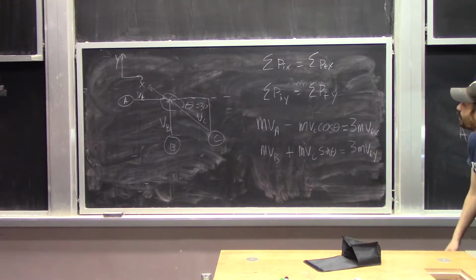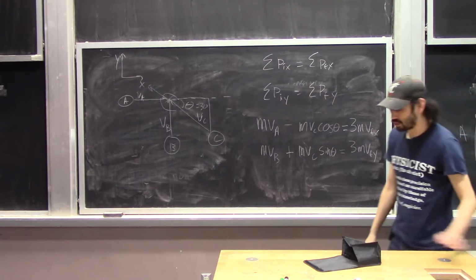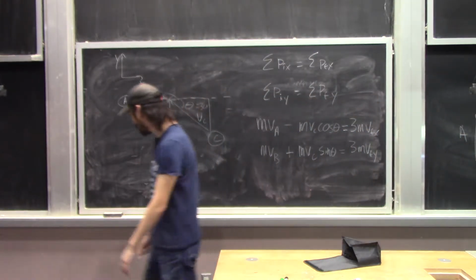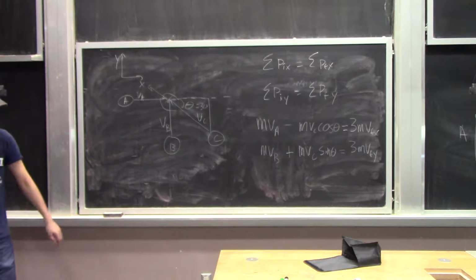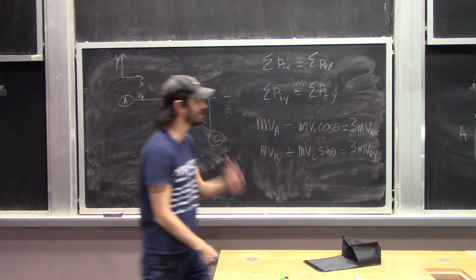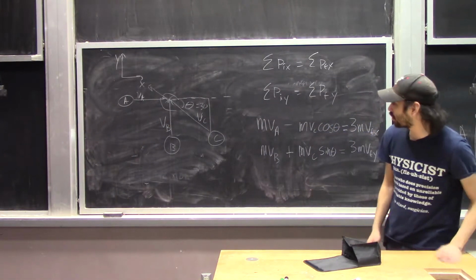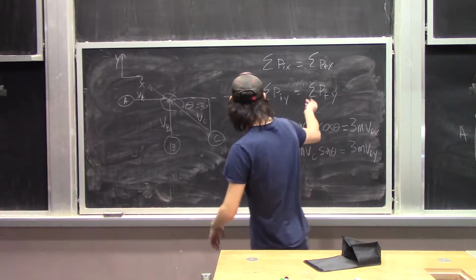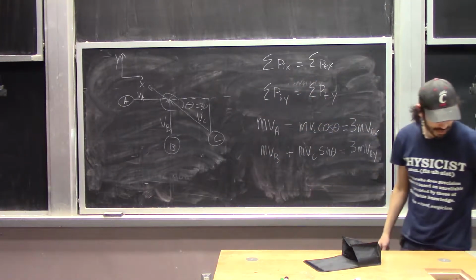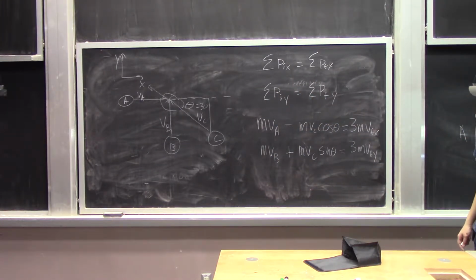Now, the other thing that it asked us to do was to compare what the initial energy was to the final energy, and find the difference in kinetic energy. So in order to do that, we can just write down term by term what the kinetic energy is going to be in the initial state and in the final state.